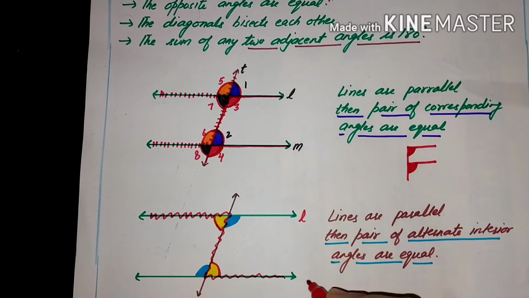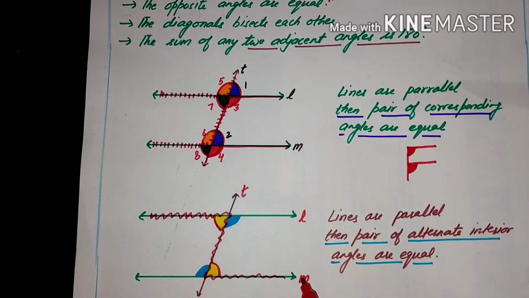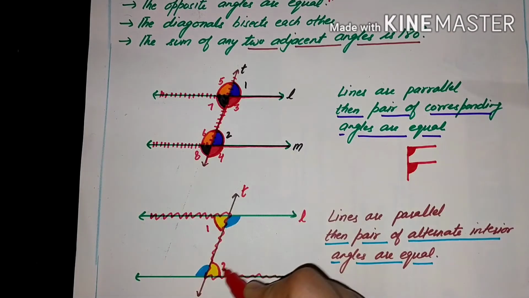As I have told you, if lines are parallel, then they will be equal always. So here these lines are parallel, so this angle, name it 1 and 2. So angle 1 will be equal to angle 2.